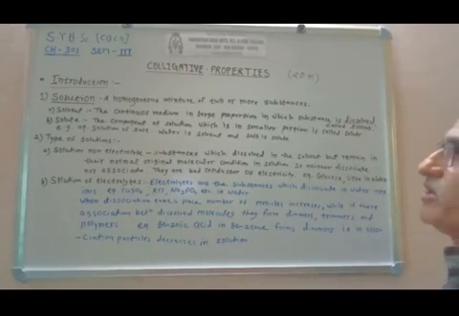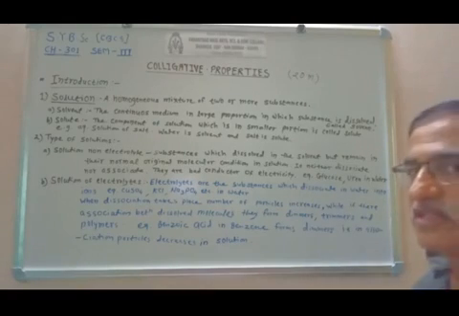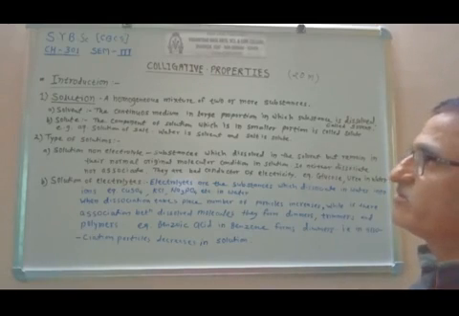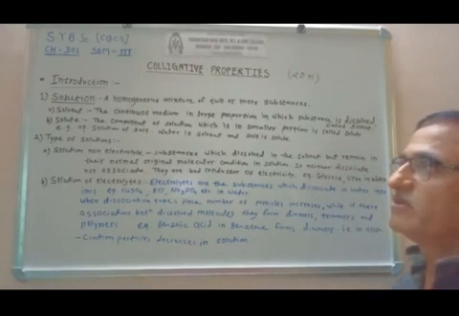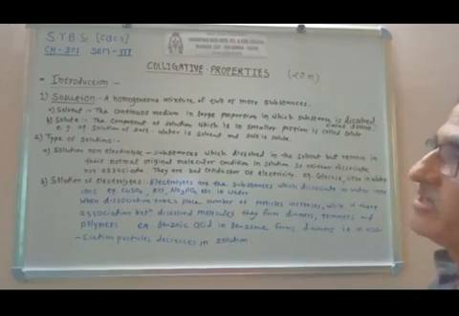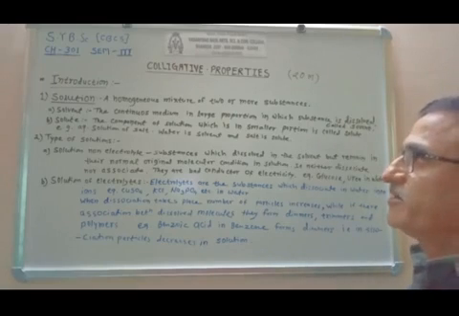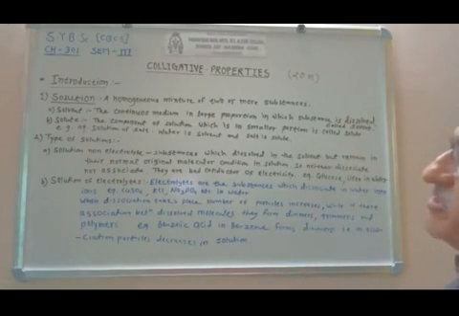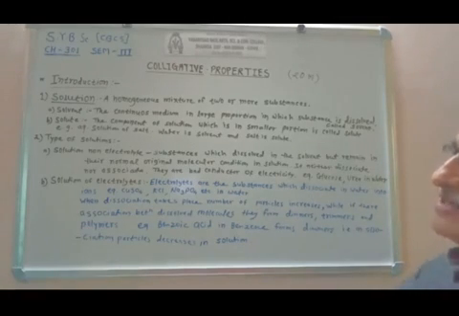Added solute particles change some properties, like the boiling point of water increases when solute is added, or the freezing point of water decreases when solute is added. In this way there is a property which changes by means of addition of solute particles.